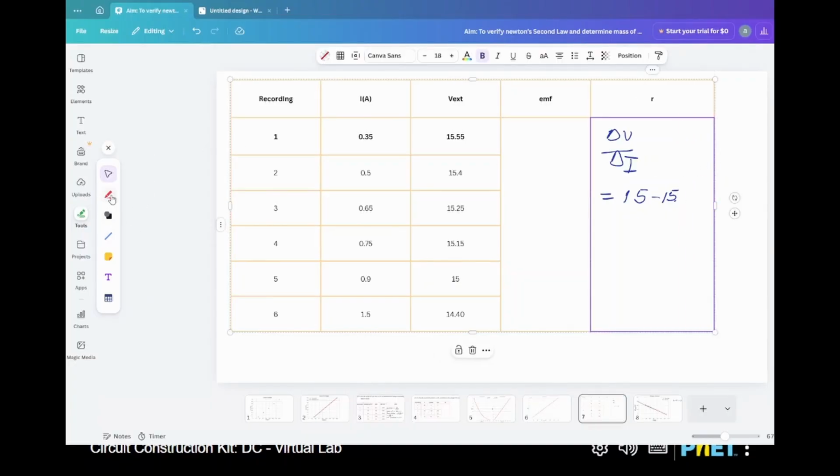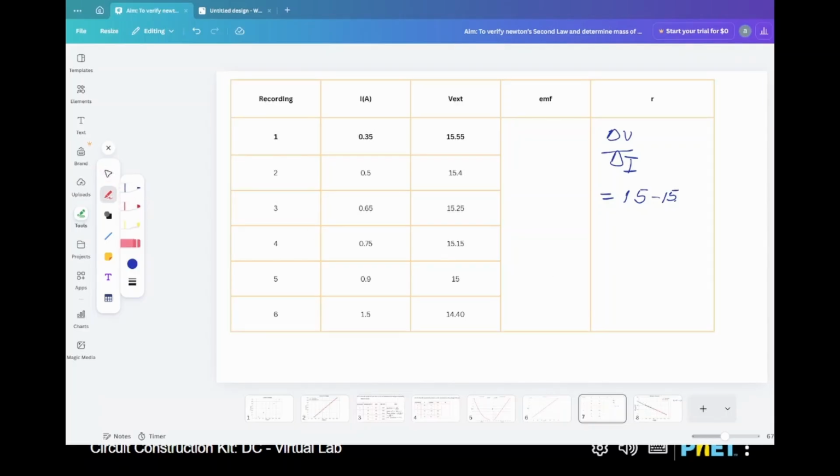So when the voltage is 15 volts, I have 0.9, and when the voltage is 15.4, I have 0.5.